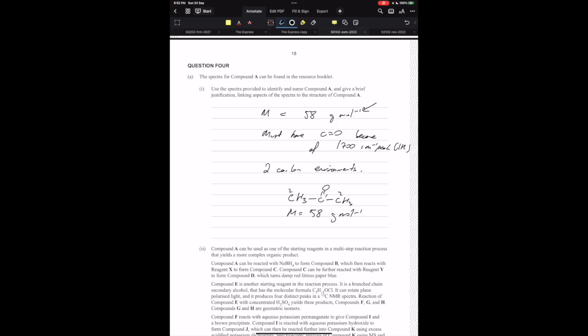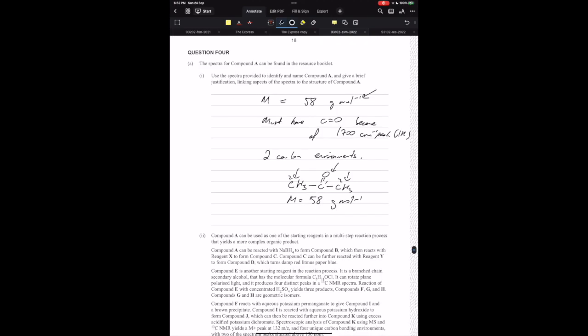These two are identical because it's symmetrical, so they belong in the same carbon environment, and in total there are only two. It also makes sense because of the 1700 peak, because we know there is a carbonyl group in this, and so compound A is therefore propan-2-one. Or we could just say propanone, because you don't have to identify the position.